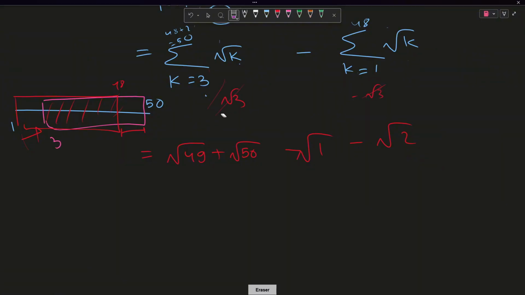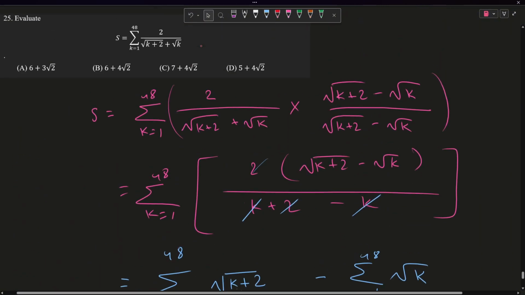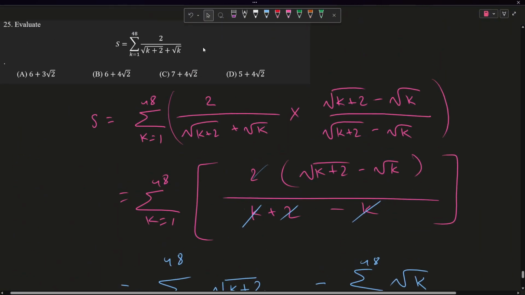So root 49 is 7, plus root 50 is 5 root 2, minus 1 minus root 2, which is just 6 plus 4 root 2, I'm pretty sure. 6 plus 4 root 2, yeah.